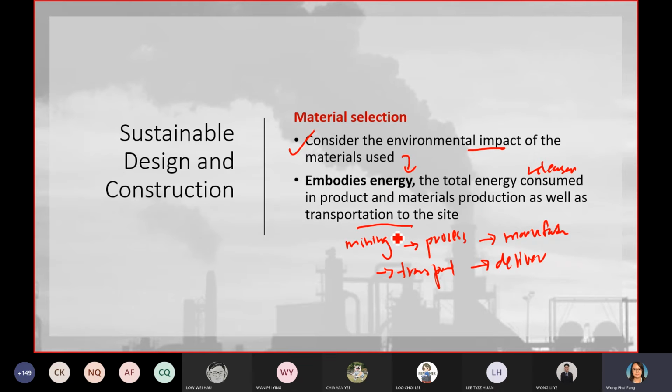So based on the example just now, you can compare Europe and Malaysia, which one has higher embodied energy? Of course, you want to choose the lowest one because lower embodied energy means lower energy consumption.